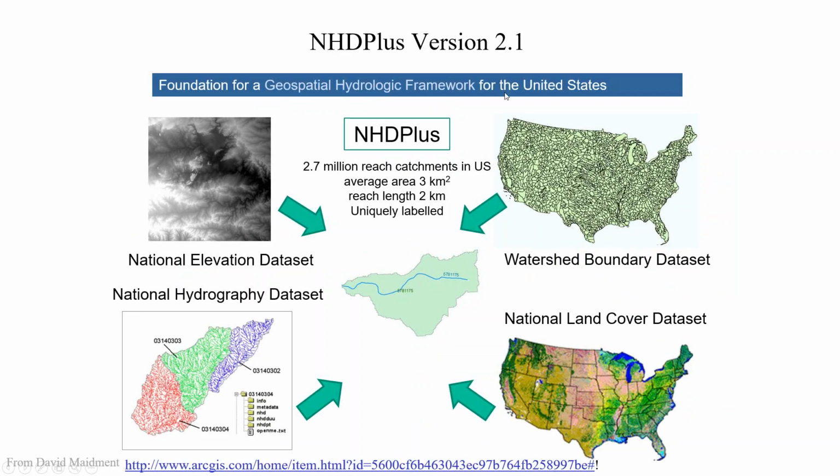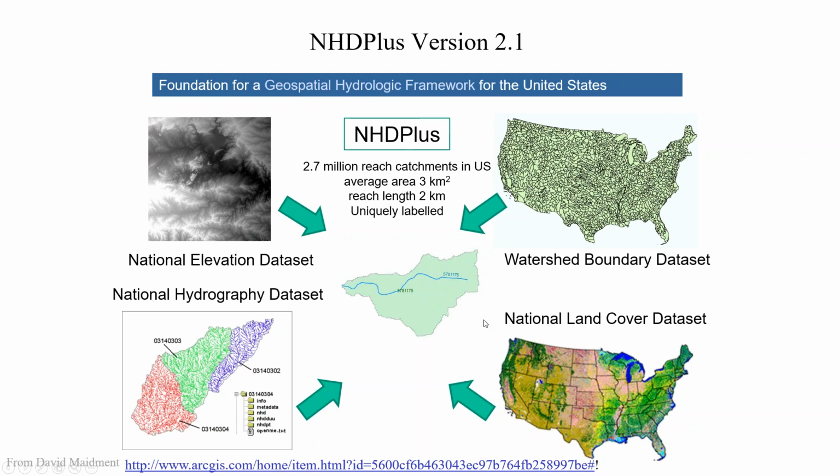So the National Hydrography Dataset Plus is actually becoming a foundation for what's referred to as the geospatial hydrologic framework for the United States. If we think of the watershed boundaries, the elevation data sets, the land cover, and the hydrography, you can put them all together and you know almost everything you need to know hydrologically about a watershed.